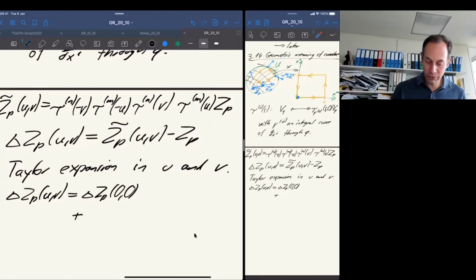Then to first order, we have d to the du. I write it maybe not as a partial derivative because the partial derivatives are now reserved for vectors. So this is just really a derivative with respect to u of the function at u equals 0. And then, of course, yes, sorry?